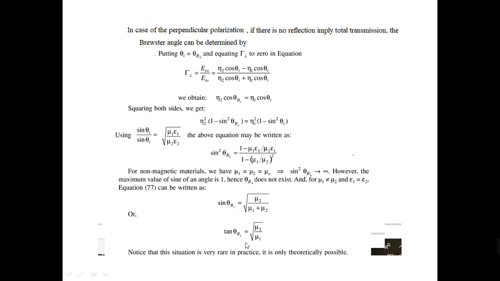On simplification, you get tan theta b is equal to root of mu 2 by mu 1, expressed in terms of permeability. Theoretically it is possible, but practically it is quite difficult. We consider only the Brewster angle for parallel polarization.